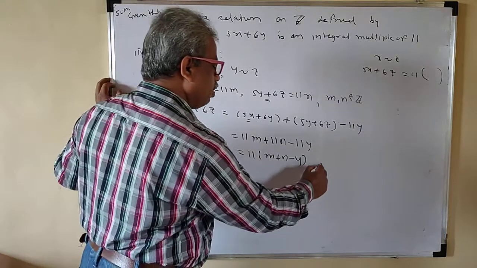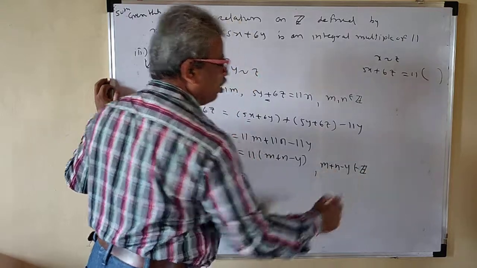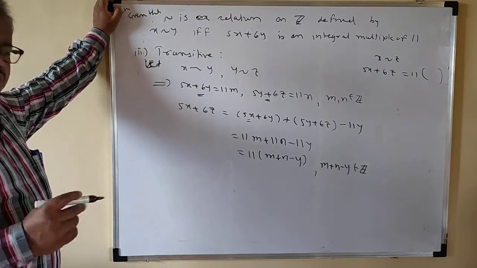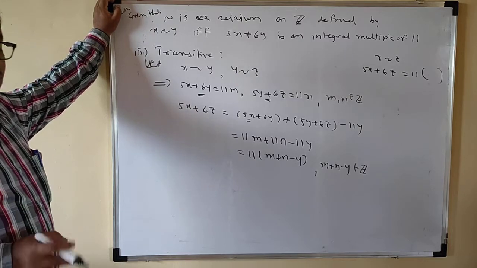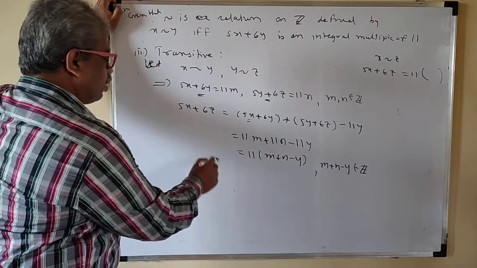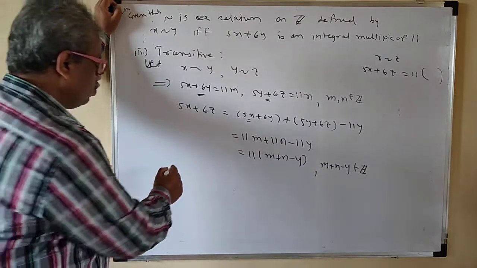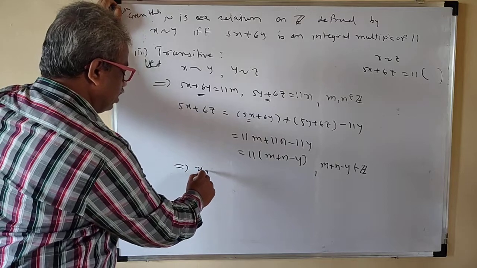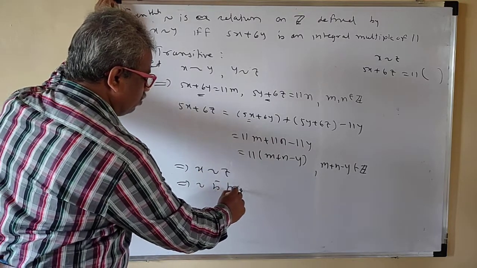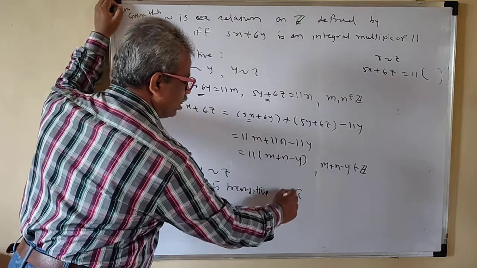So m plus n minus y is also an integer, because the sum or difference of integers is an integer. Therefore 5x plus 6z is an integral multiple of 11. So this implies that x is related to z, and this implies that theta is transitive. We call this C.